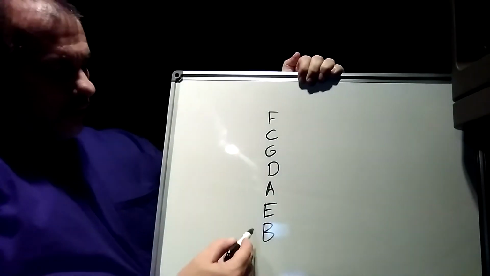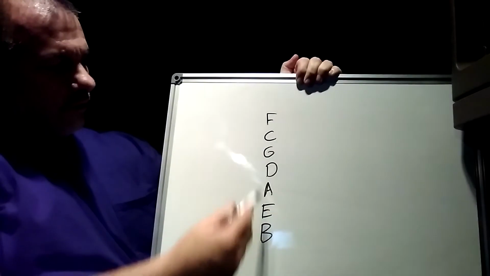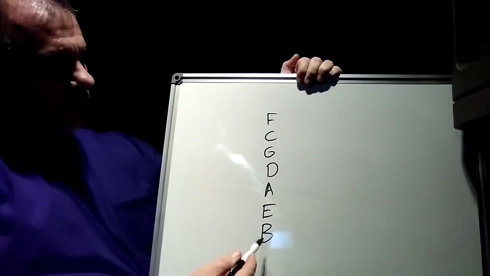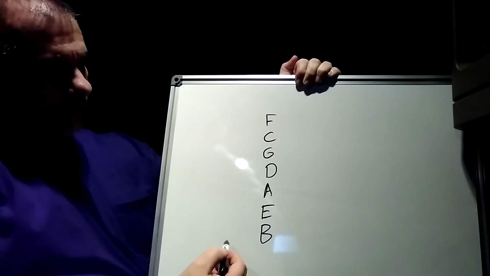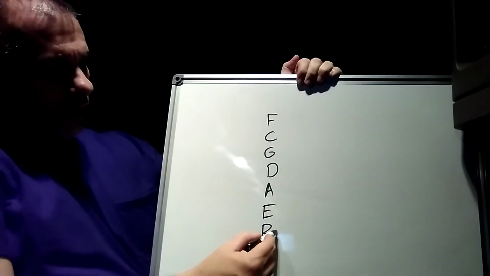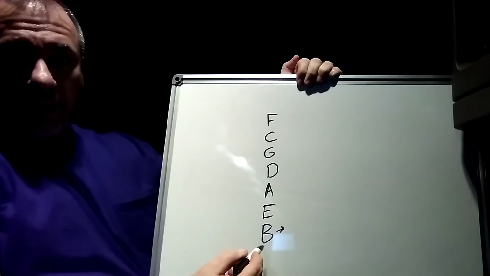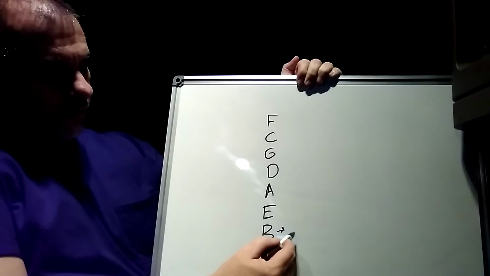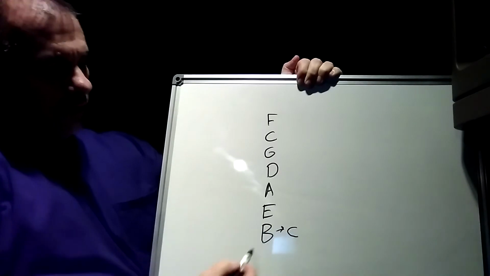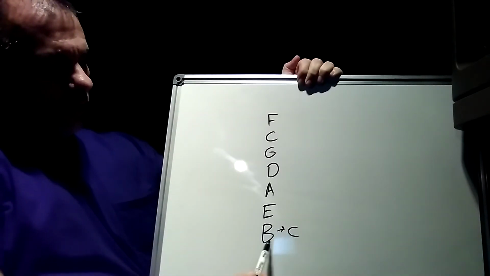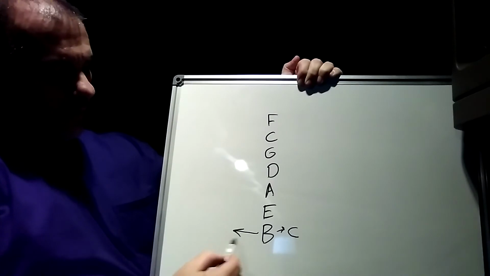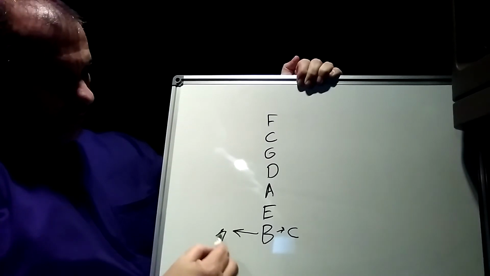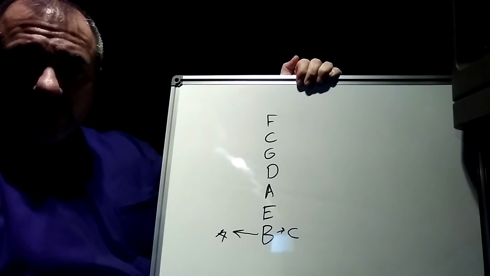So all we're going to do is take each letter or note of this index scale and put a note on either side of it. A short arrow would be a half step, or 1 fret. So 1 fret below the B is a C, and a whole step above the B is an A. See how that looks.